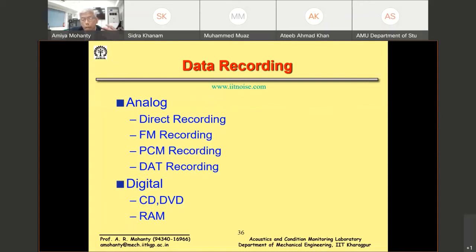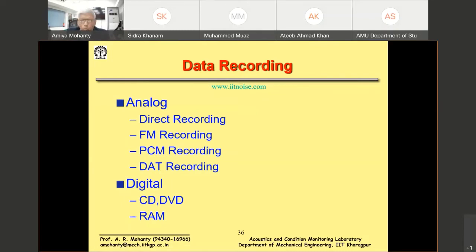But if I need to analyze the data, I need to do some sort of processing of that data. I need that data maybe as an Excel sheet column or a MATLAB file. So what we need to know is analog to digital conversion.